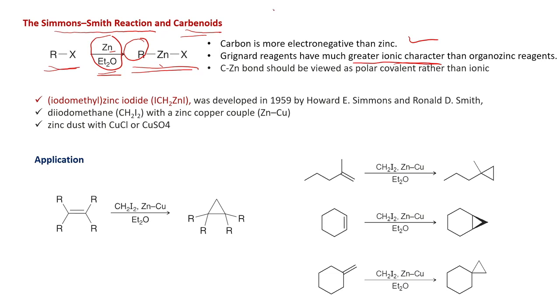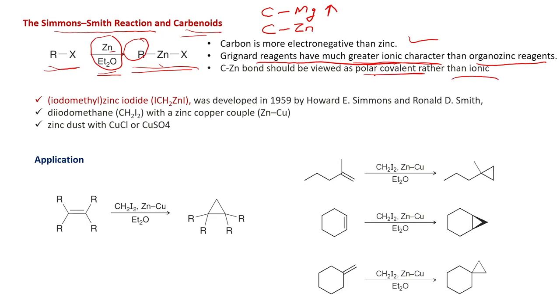We know the difference of electronegativity of C and Mg is high, so Grignard reagent has greater ionic character, but the difference in electronegativity of carbon and zinc is less. So organozinc reagent is not ionic in nature. It is much more polar covalent rather than ionic.